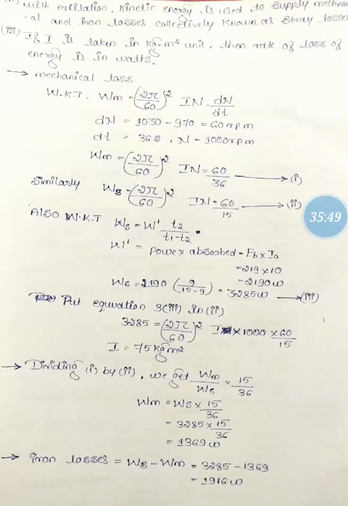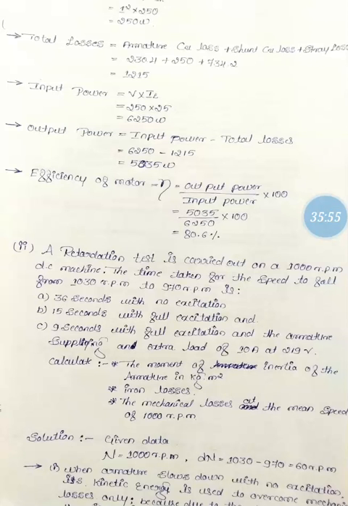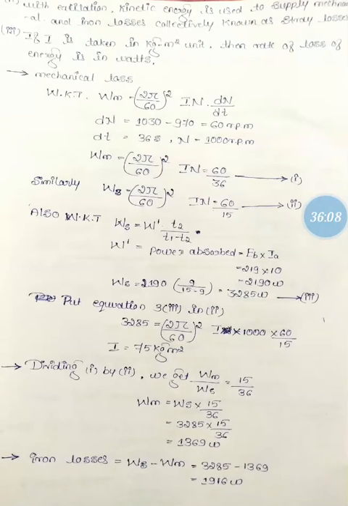So in the excitation case, we calculate the stray loss. Without excitation there is no iron loss, so there are only mechanical losses. If I is taken in kg meter square, then the rate of loss of energy is in watts.